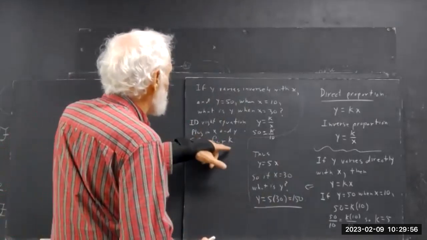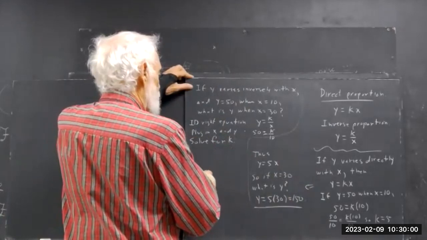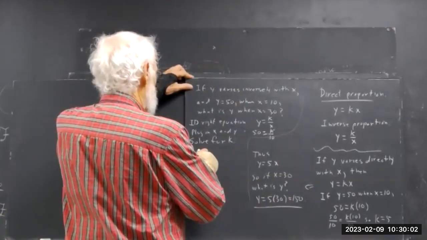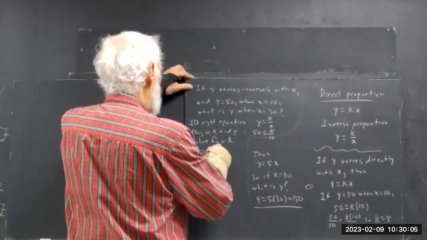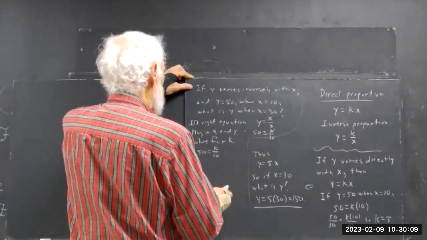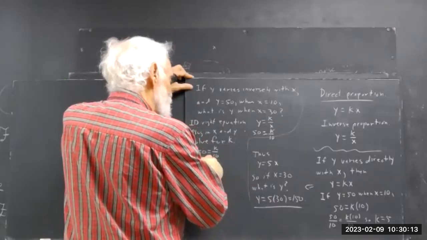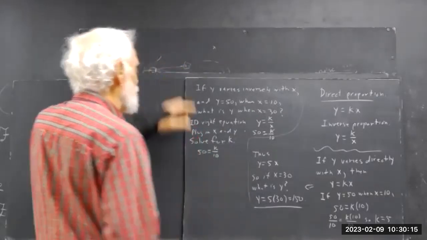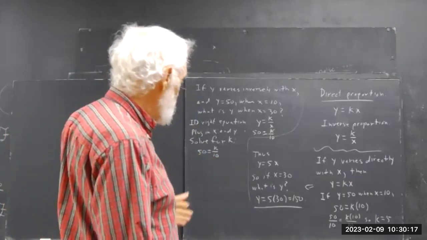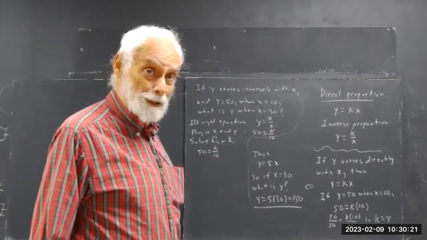Okay, well, anyhow, we solve for K. So let's rewrite, we got 50 equals K over 10. We don't want that 10 there. Now, we don't get rid of that 10 by adding 10. We don't get rid of that 10 by dividing by 10.